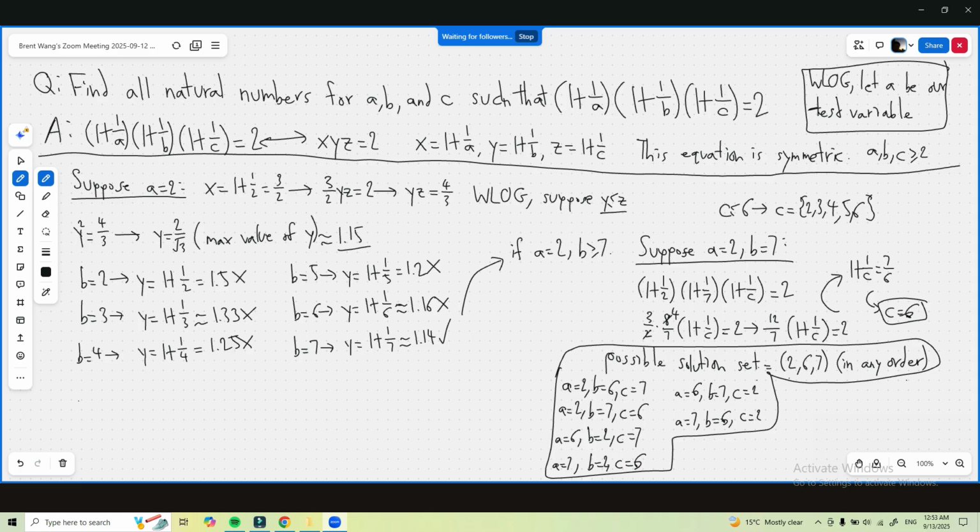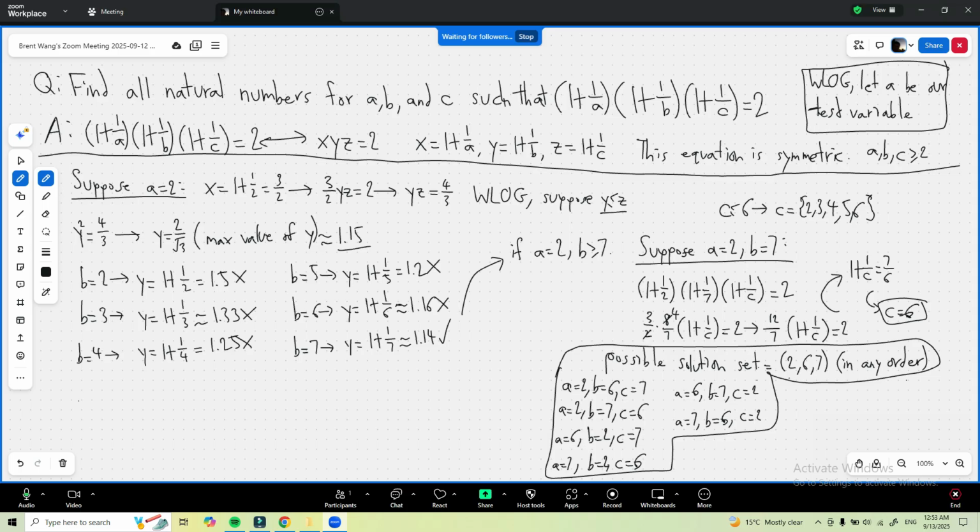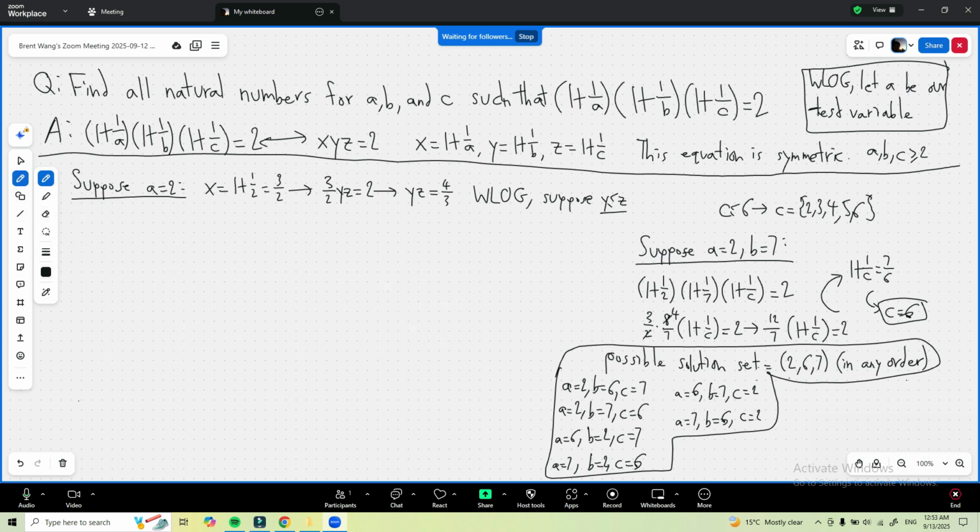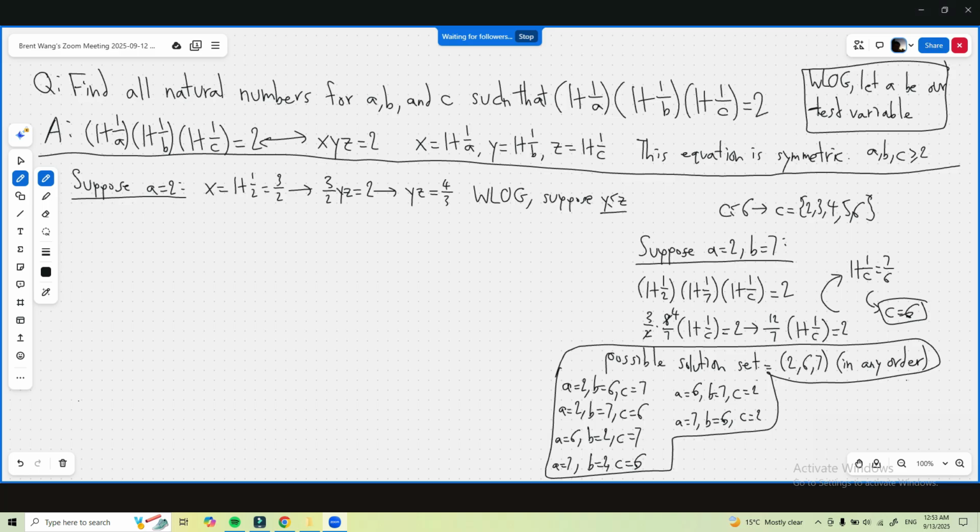So we found one solution set, and let's just keep going down the line with 2, 3, 4, and 5. We've already seen what happens if a equals 2 and c equals 6. So if a equals 2 and c equals 5, let's see what happens.